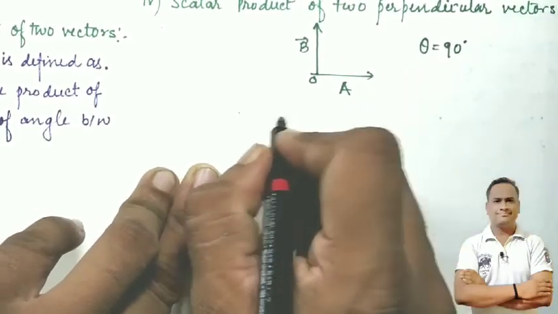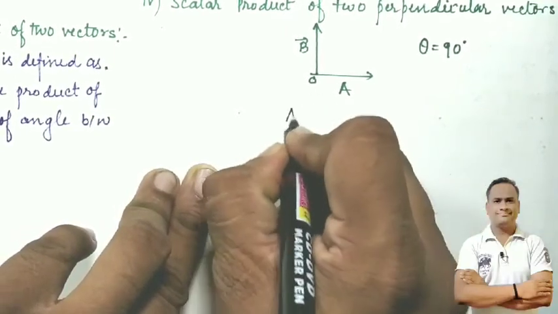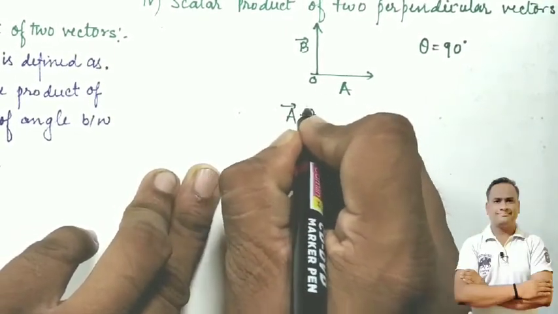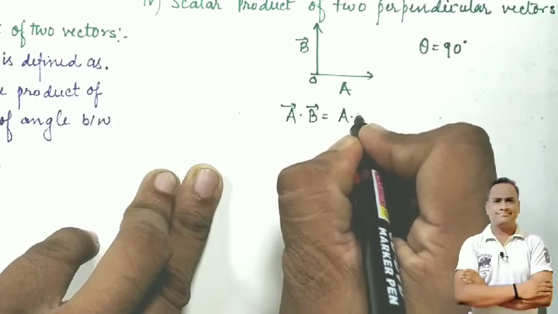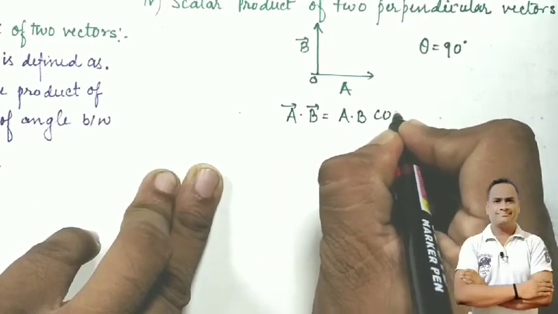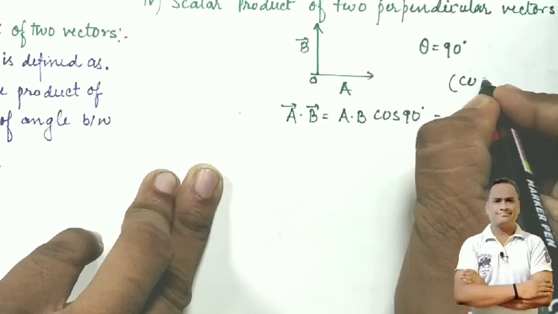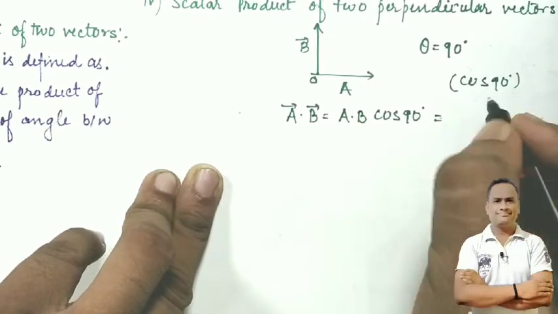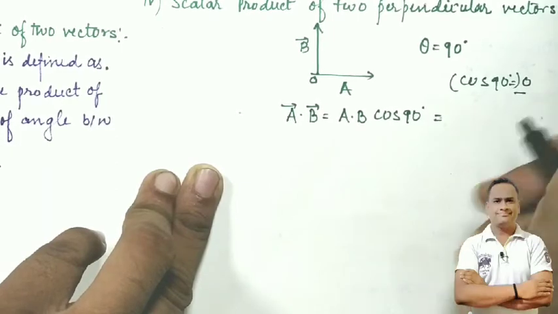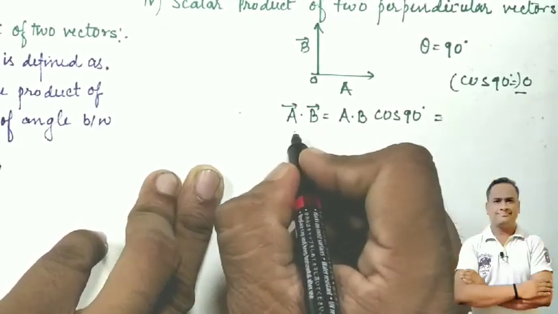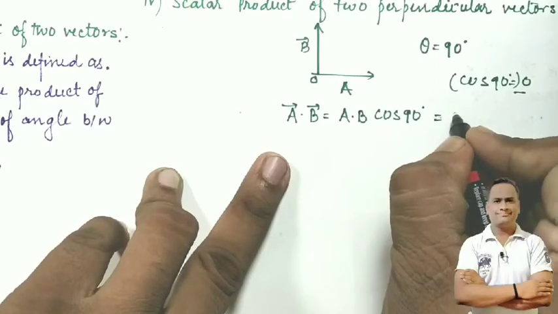A dot B is equal to AB cos theta, which is cos 90, and since cos 90 is equal to 0, therefore the product of the two perpendicular vectors will be 0.